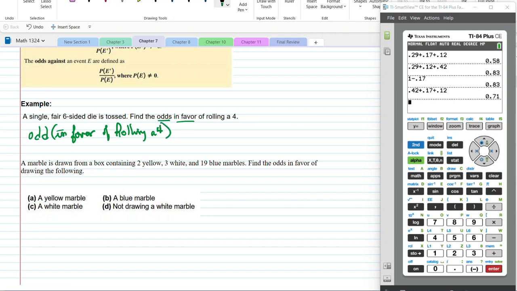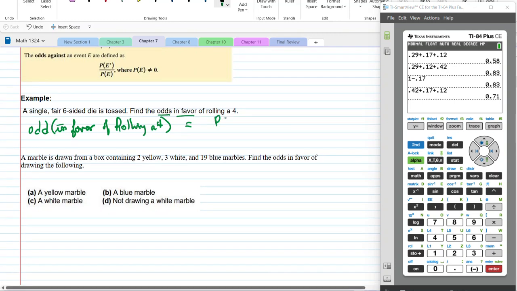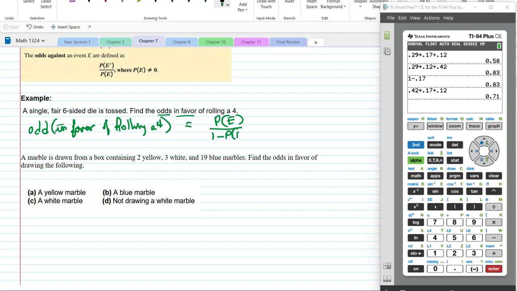So in this rolling of the 4, we know, okay, so the probability of the event over the probability of 1 minus the probability of the event.